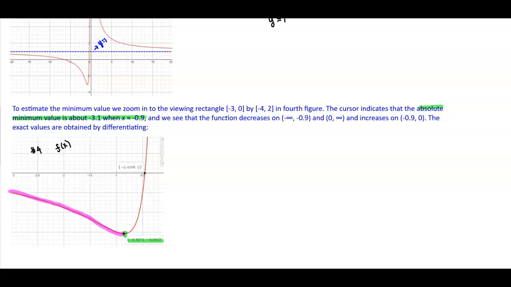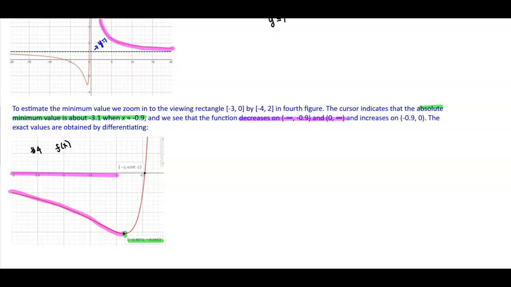So we know it's decreasing from -infinity to -0.9. And we also know that it's decreasing from 0 to infinity. If we look up here, we know that from 0 all the way to positive infinity, it's decreasing.